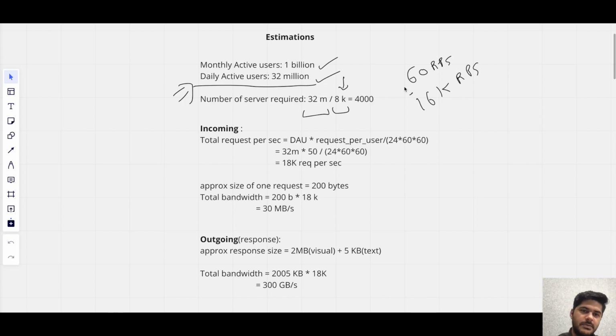We can talk in detail about how we come to this number in a separate video. But if I take half of this and half of this, imagining some of the requests are this and some are this, then my maximum will be half of this, which is 8,000.